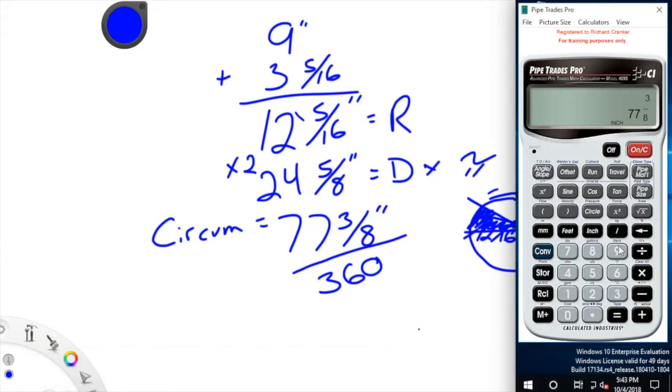So 77 3/8 divided by 360 equals 3/16 of an inch per degree. So every 3/16 of an inch you move around this circle, you're moving 1 degree. And we need 30 degrees, so we're going to multiply that by 30. It gives us 6 7/16 of an inch.